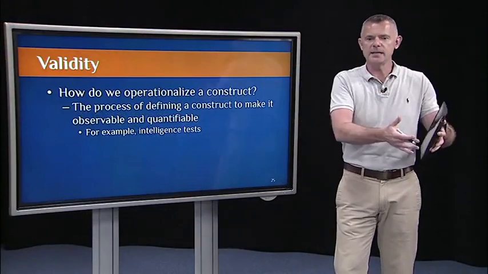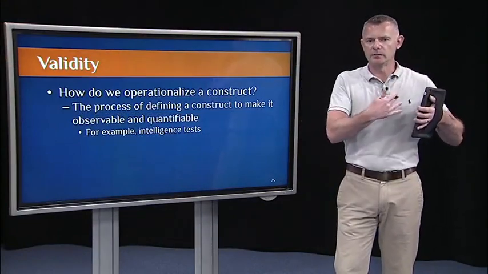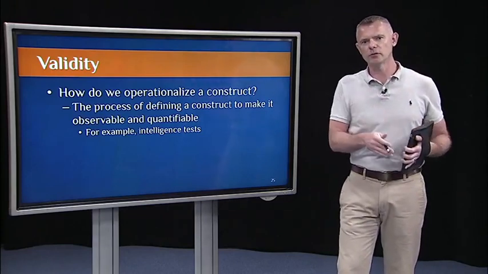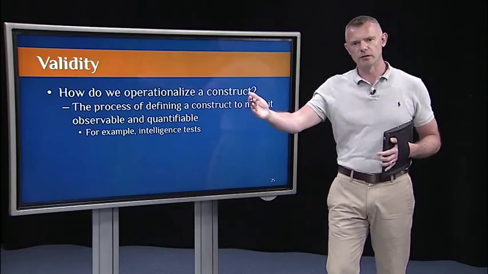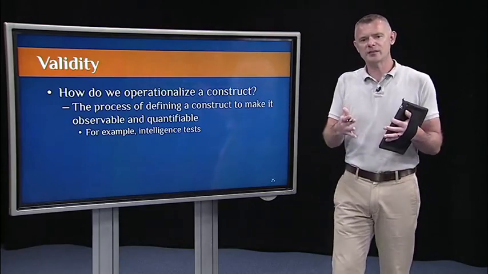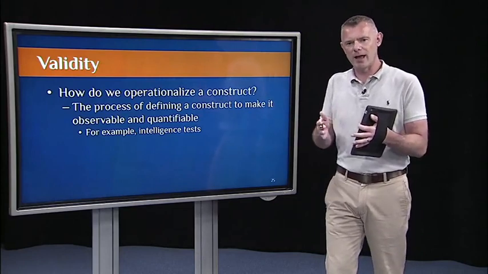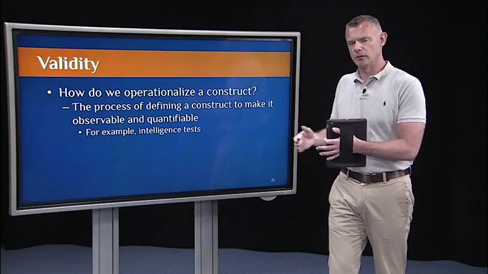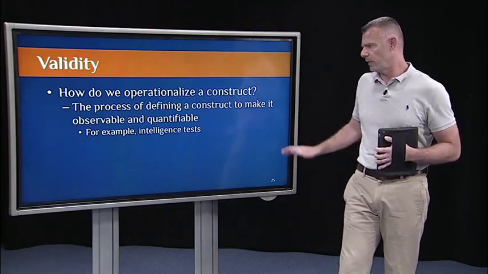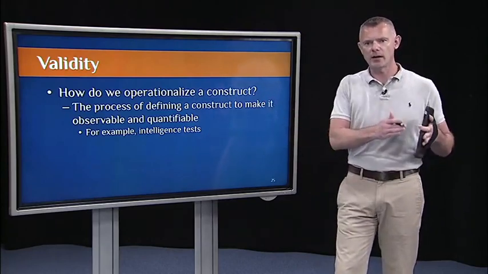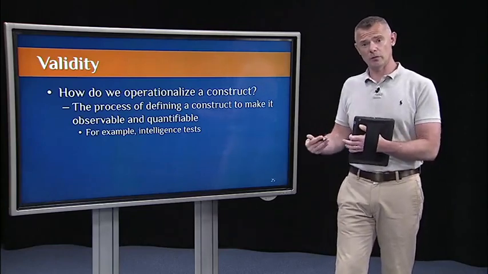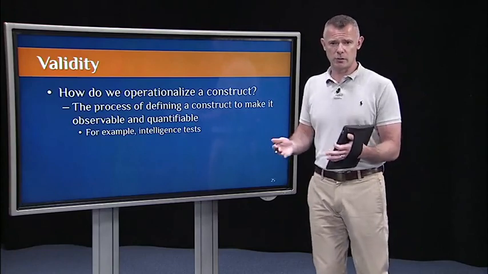We have this idea that there's something called intelligence, and that came out of observations of children in classrooms. Some tended to do better across the board than others. And then intelligence tests were developed to operationalize that construct intelligence. And again, there's a lot of controversy around how that's done, but that's the process of defining a construct and then operationalizing it. So then we can do empirical research, we can get data and do our statistics.